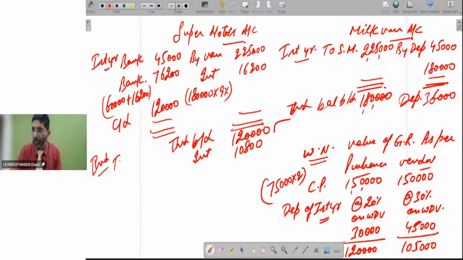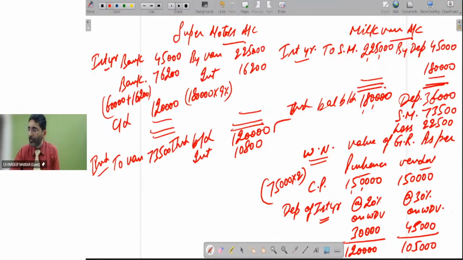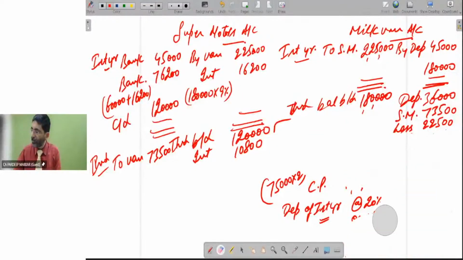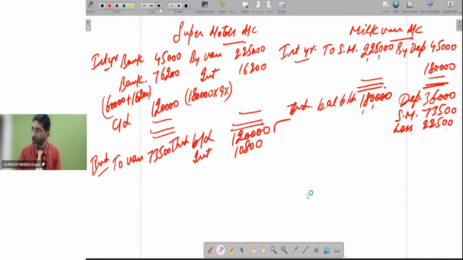So Super Motors to van ₹73,500 by Super Motors 73,500, and also we have loss on repossession for 22,500. So this is the loss which is there.